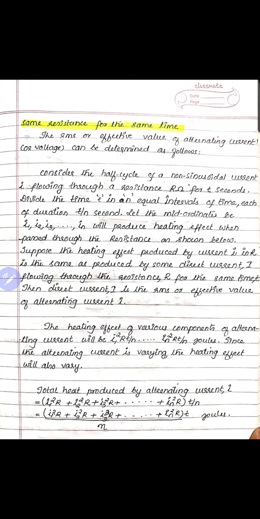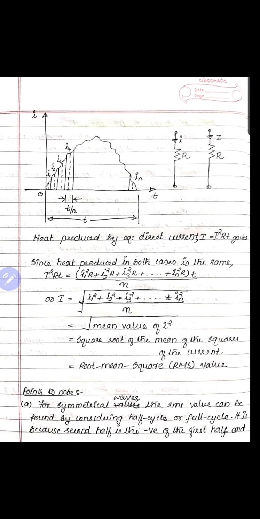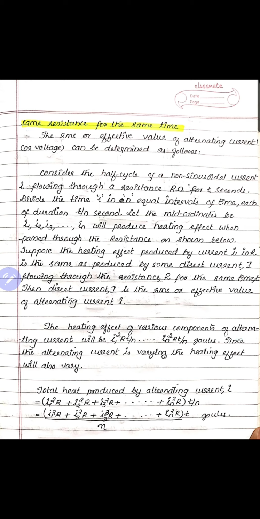So the heating effect will be I1 square R T by n, I2 square R T by n, I3 square R T by n up to In square R T by n joules. Since alternating current is varying, the heating effect will also vary. Total heat produced by alternating current is I1 square R plus I2 square R plus I3 square R up to In square R, into T by n.